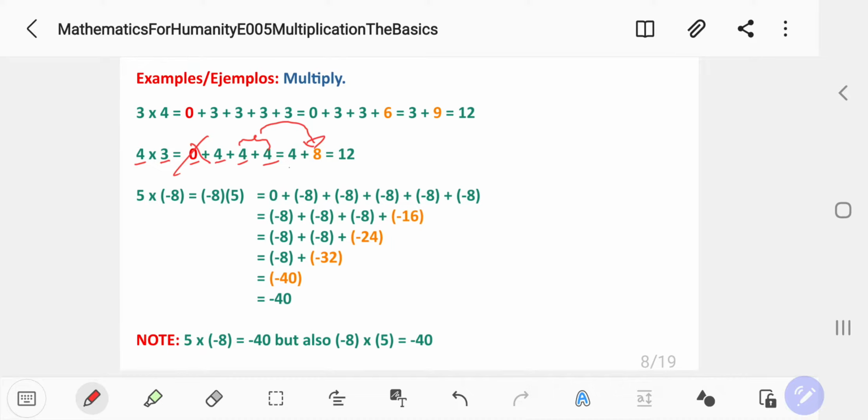And then 4 plus 8 is equal to 12. So look at this. 4 times 3 is equal to 3 times 4, which is equal to 12. I told you that in the rule, in any order, you can multiply two numbers and the result is still the same.